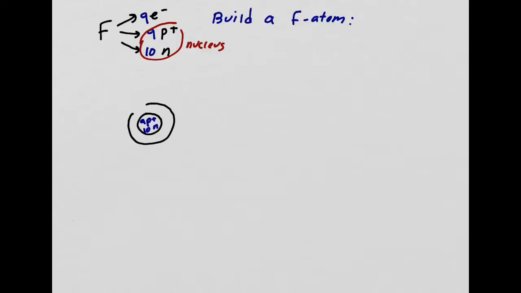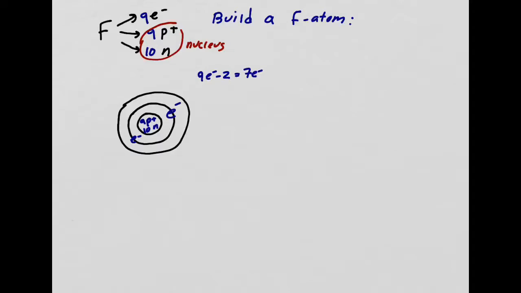In the first energy level, how many electrons can you put? 2, right? In the first energy level, you can put 2 electrons, because you only have S. So I'm going to put 1 electron, 2 electrons. Okay, so I have 9 electrons altogether. I put 2 electrons in the first energy level.